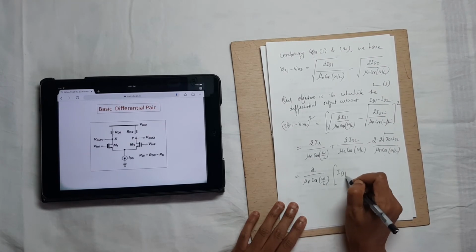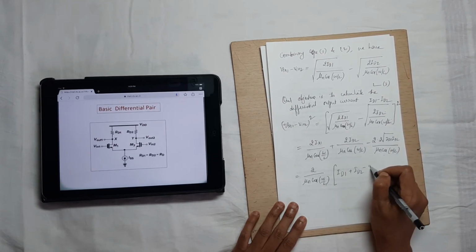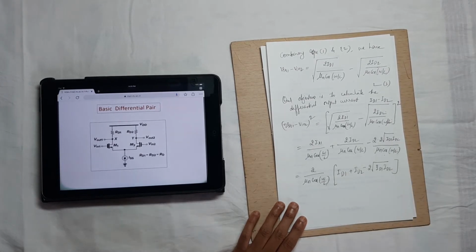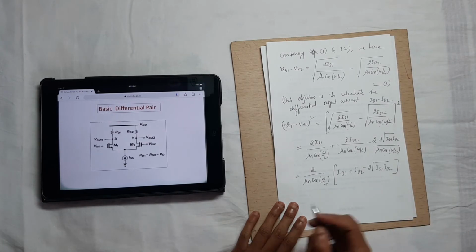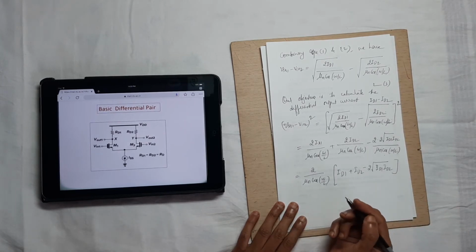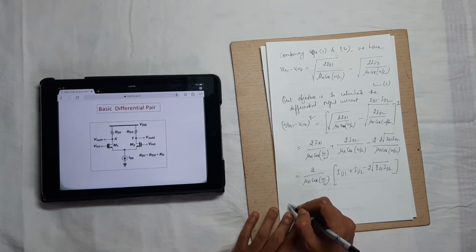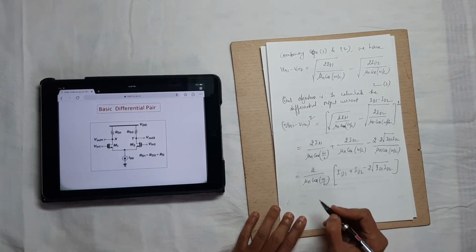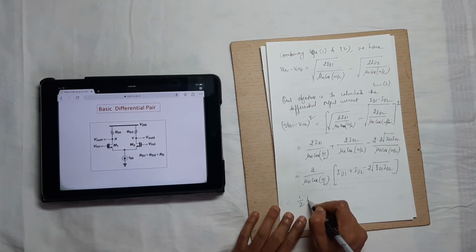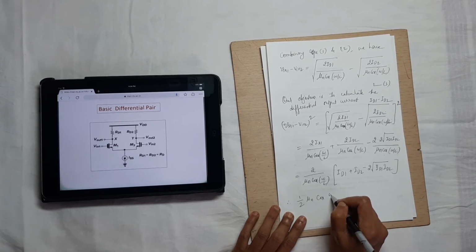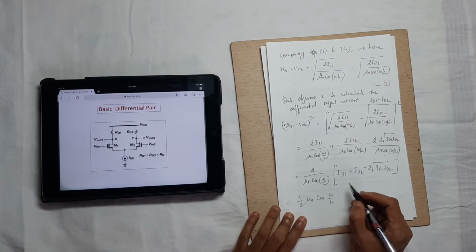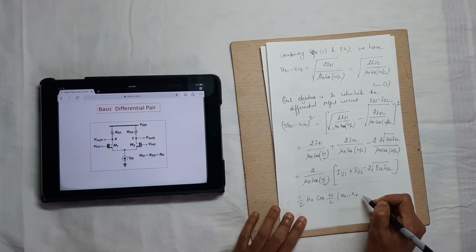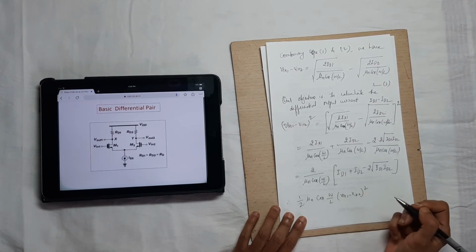Now ID1 plus ID2 minus 2 times square root of ID1 into ID2. Therefore, just rearrange the terms. We have half mu n Cox W by L Vin1 minus Vin2 whole bracket square.